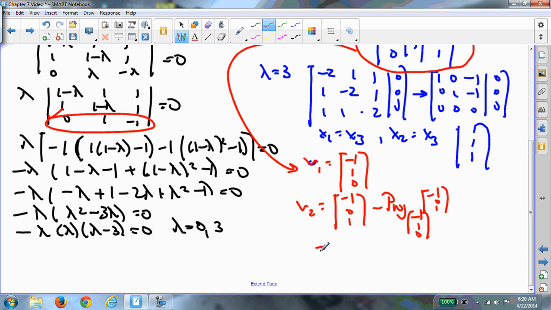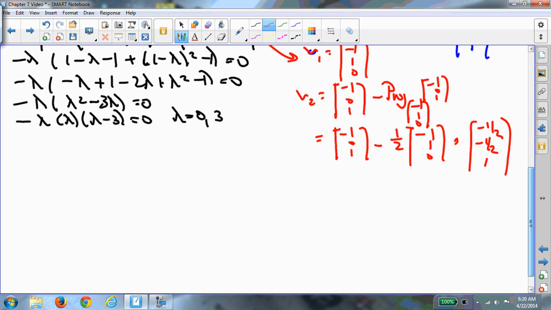So that's going to equal negative 1, 0, 1 minus 1 over the magnitude squared of this, which is 2, times negative 1, 1, 0. So if I put that together, I get negative 1 plus 1 half, which is negative 1 half. I get 0 minus 1 half, so negative 1 half, and I get 1.